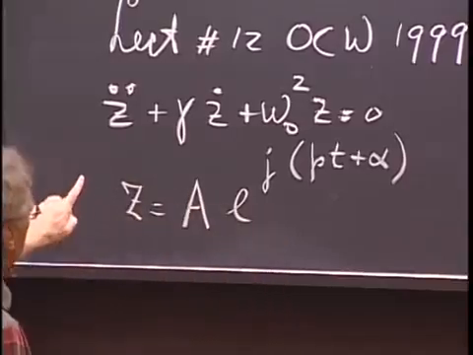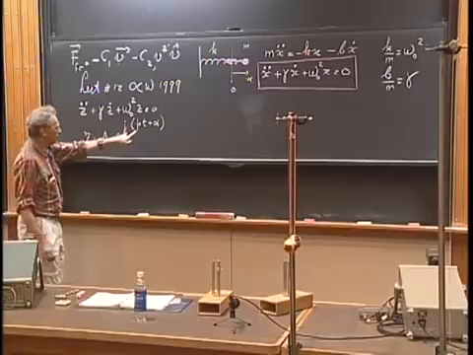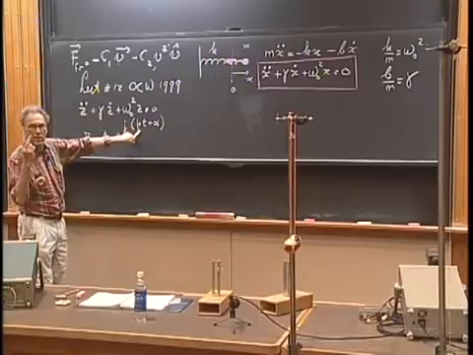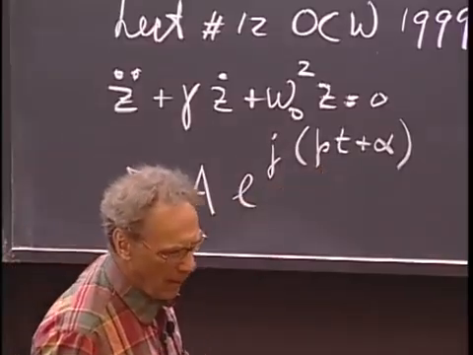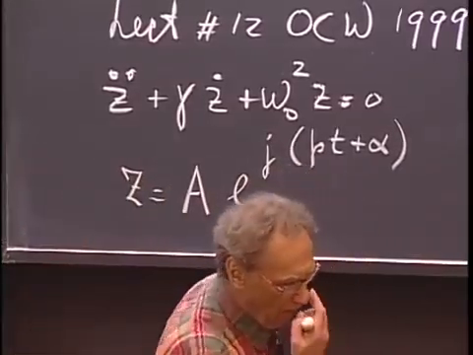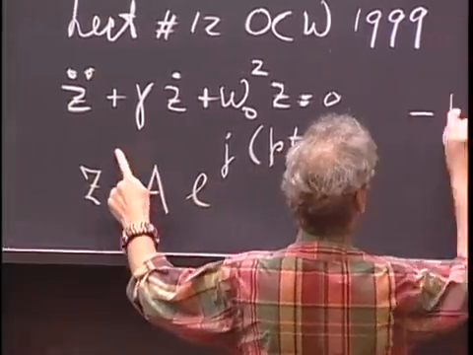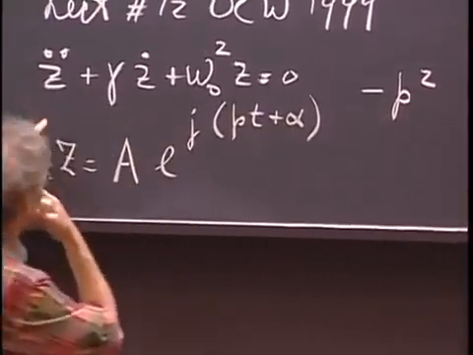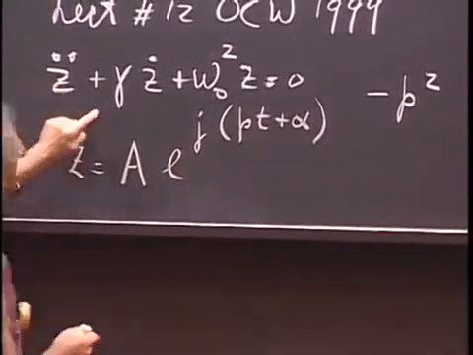I'm going to take the second derivative of this equation. So jp comes out twice, so that is j squared times p squared, and so I'm going to see now minus p squared. That is the second derivative of this function, and the z comes later.